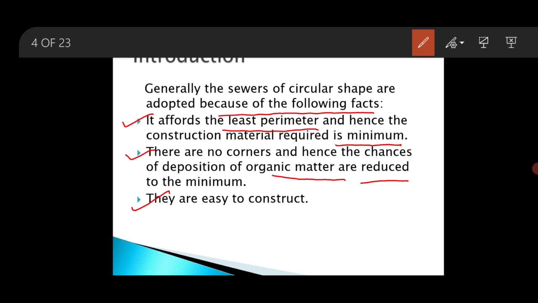And these advantages of the circular shaped sewer are available only when the sewers are running at least half full. If the depth in a circular sewer is less than one half, then there is considerable reduction in velocity as well as discharge, and it will result in poor performance.